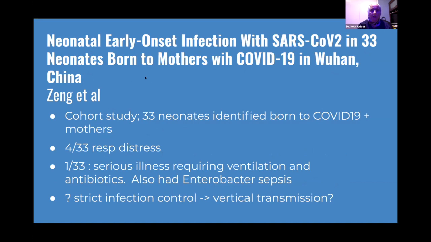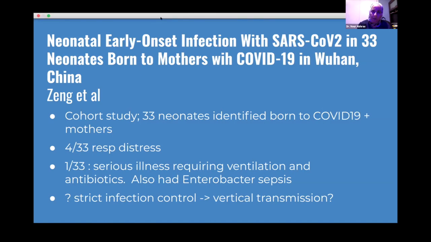And then they did strict infection control, or they tried to, separating the babies from the moms right away. So this again leaves the question about vertical transmission, since some of the babies were positive, even though they were separated right away.